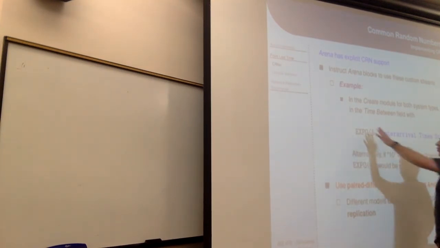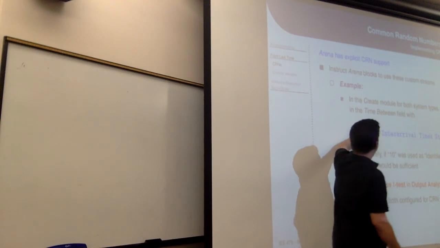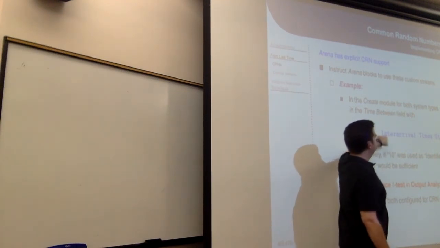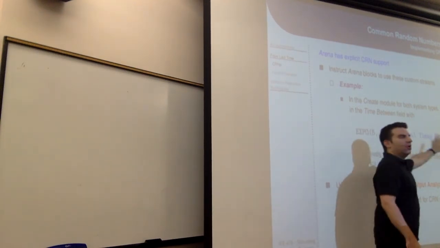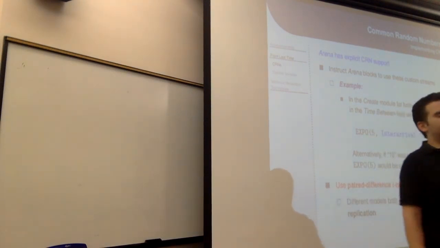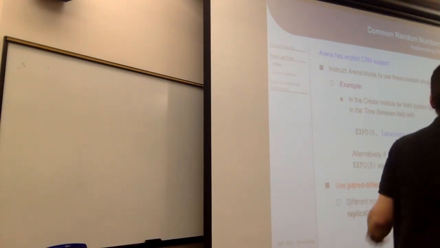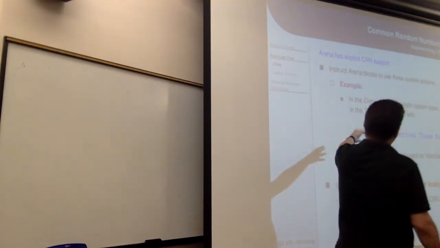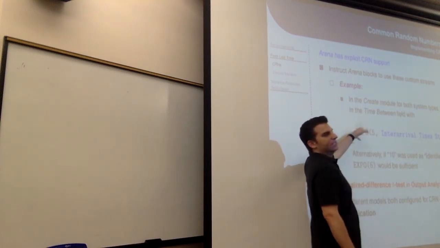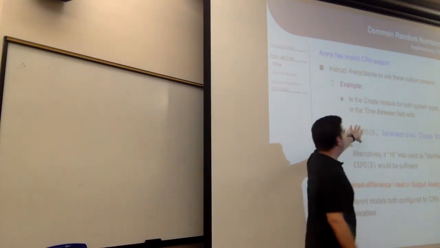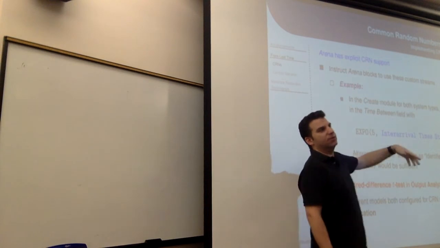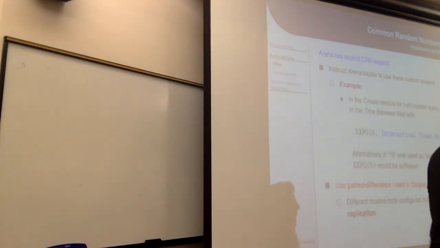If this is a 2-parameter distribution, it would be norm, mean, standard deviation, and then a 3rd parameter that tells it which stream to draw from. So you can have certain random variates use the common random numbers where other ones don't.